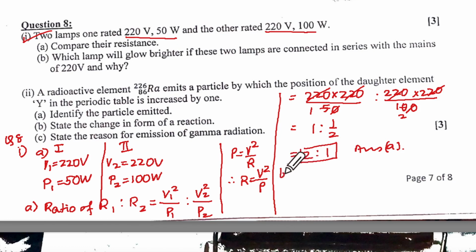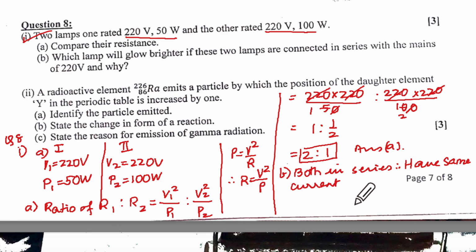Now for the B part. Remember they are connected in series, so write over there both in series, therefore have same current. Do you agree with that? In series the current will be the same. Now the glowing of the bulb is going to be the power dissipated, which means heat dissipated.